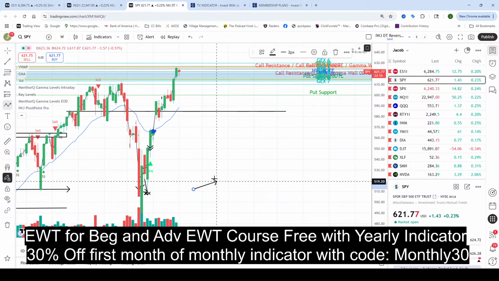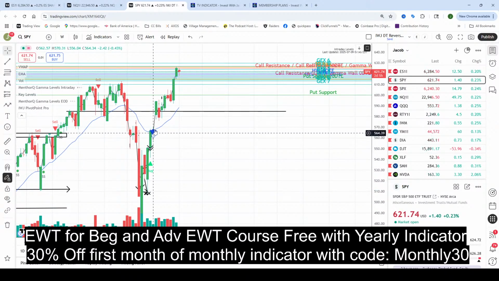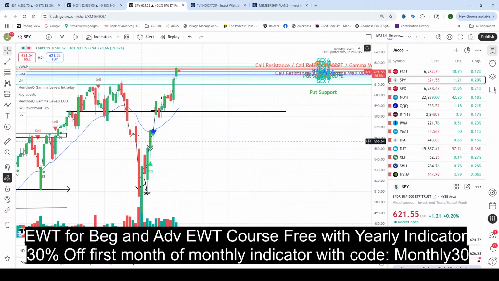For the weekly, you got the buy signal right here at 566. They ran it up to 625, so that's 59 points, pretty much straight up on this buy signal.